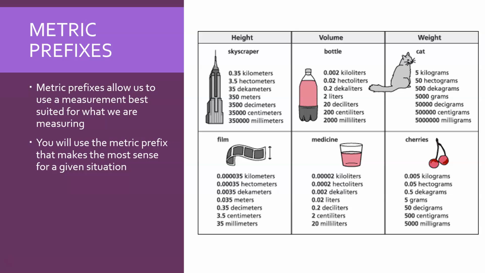It's a measurement that makes much more sense. On the other hand, if we're measuring a film strip, meters is way too big, but saying 35 millimeters sounds perfectly normal. So the prefix you use depends on the situation.